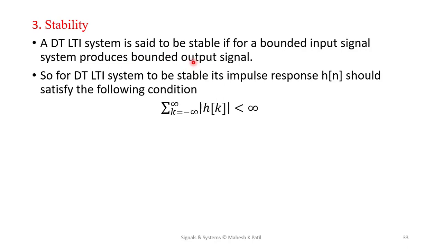For a DT LTI system to be stable, its impulse response h of n should satisfy the following condition: summation k varies from minus infinity to plus infinity, mod of h of k, should be less than infinity. That means the impulse response should be finite and completely summable. Clear?